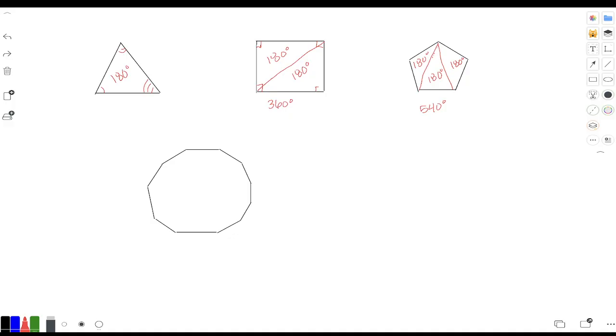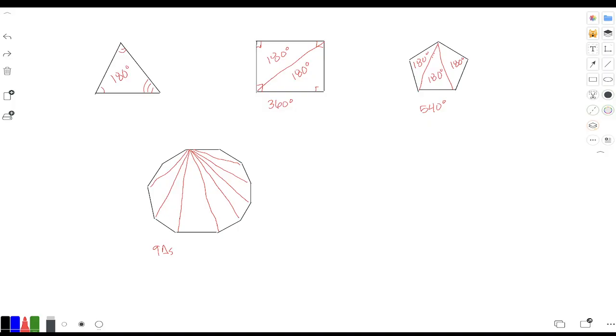And with this 11-sided shape, we can create a whole bunch of triangles, connecting this vertex with all of the opposing ones, just like so. That's going to give us 9 triangles.